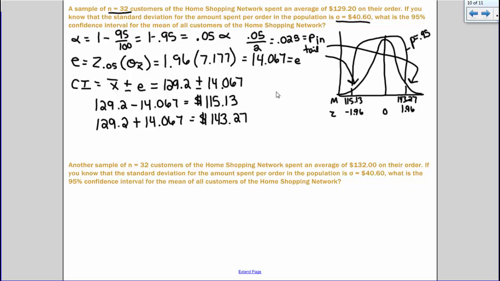All right, the next one. The margin of error is going to be the exact same as the previous example because we're using the same confidence level and we have the same standard error because we have the same sample size and standard deviation in the population. So margin of error is still equal to 14.067. Only now we're working with a sample mean of 132.